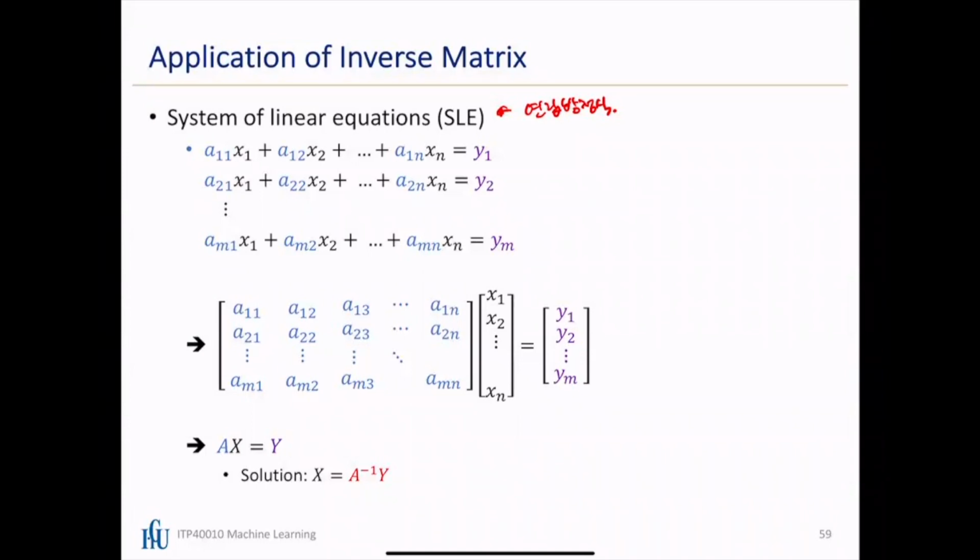We can write down a system of linear equations in a generalized format, where you have multiple unknowns, x1 to xn, and for each combination a set of coefficients A ij, and each of these equations has a result which is y.